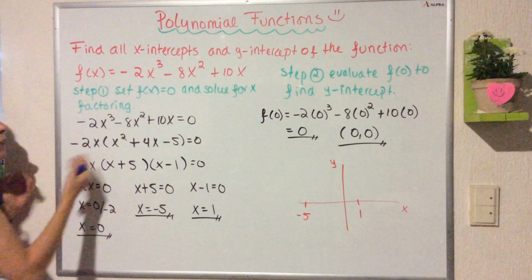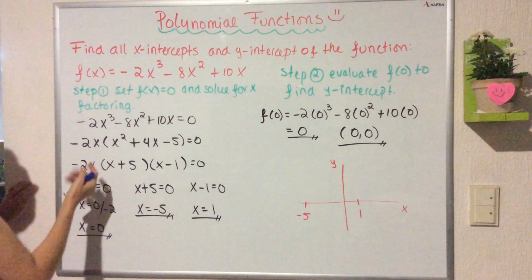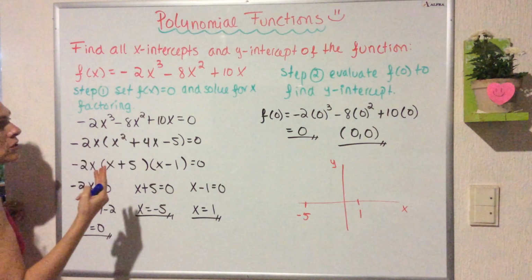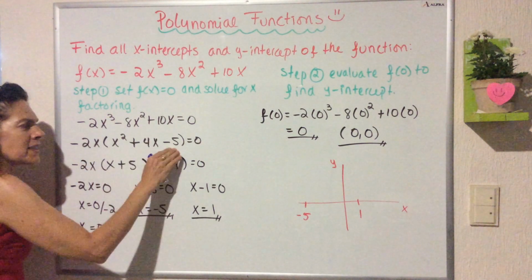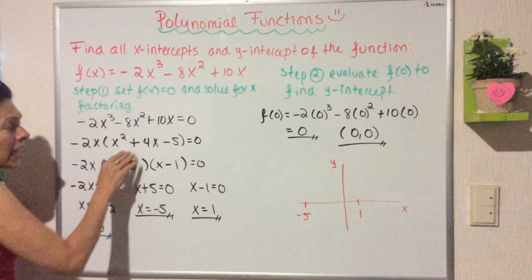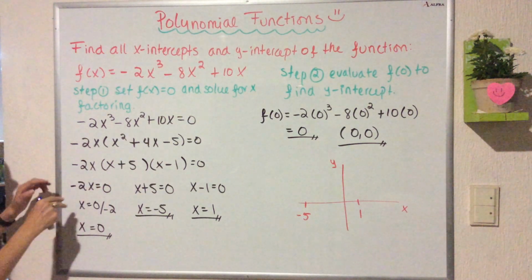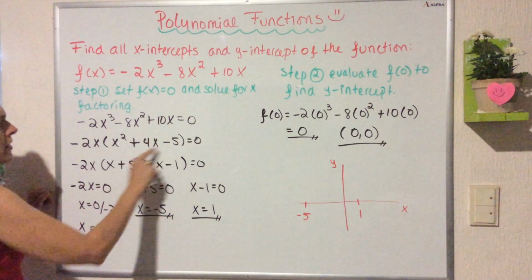So we already have factorized with common factor. But anyway, we have to continue because we have to get 3 roots. And here I'm going to get 1. But if I factorize the quadratic function that I have here inside the parentheses, I'm going to get the other 2 roots. Okay? So let's factorize the trinomial that we have here inside the parentheses.